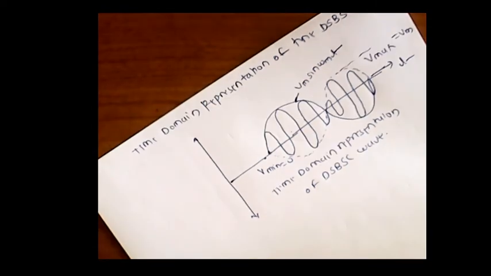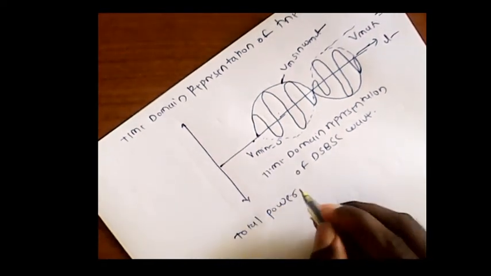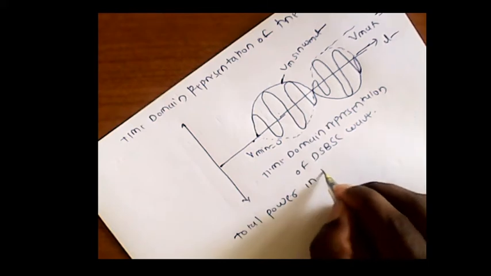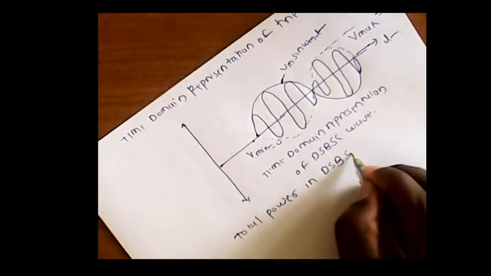Now we can calculate the total power in DSB-SC. The total power in the DSB-SC modulated wave is equal to the sum of the power contained in two components: one is the LSB and the second one is the USB.